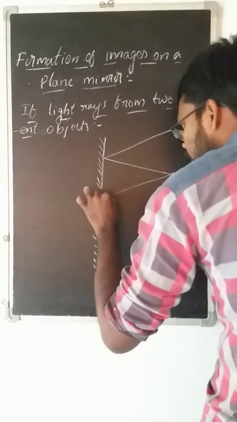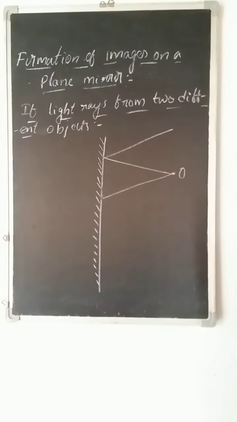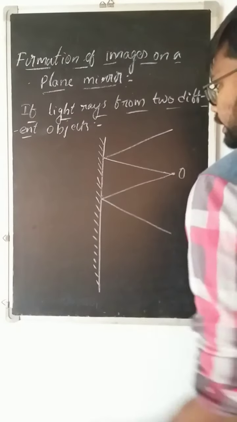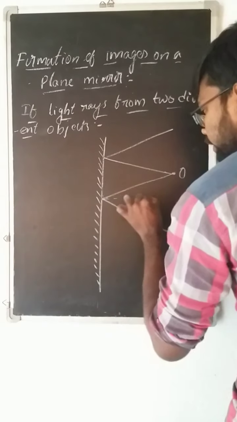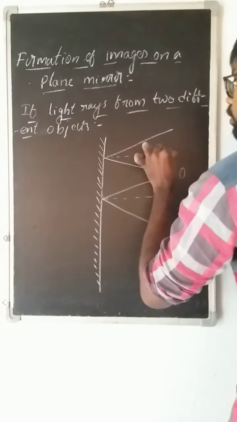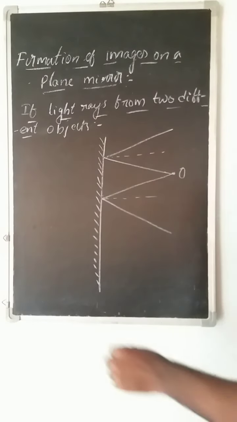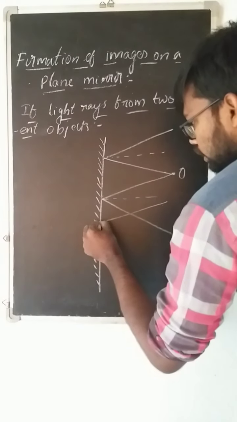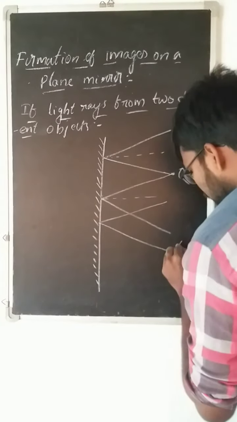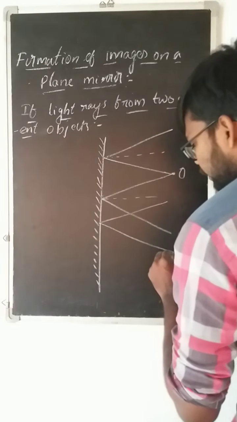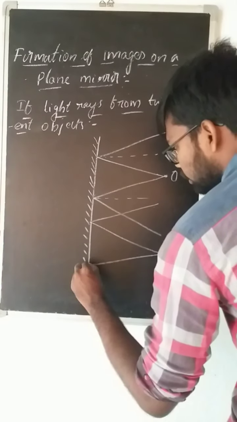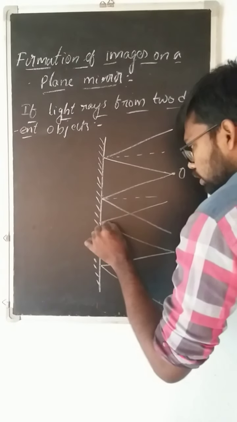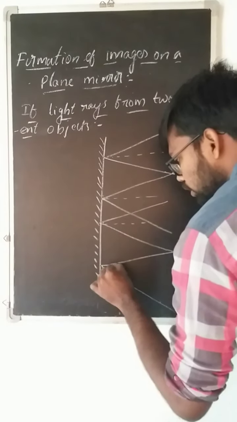Again from the object it is reflected back. Okay, now this light ray will be incident like this, and this is the normal, this is also a normal. Again one more light ray will be incident like this on object O dash. Again it is incident. After that again it will come back, and this is the normal and this is the normal.